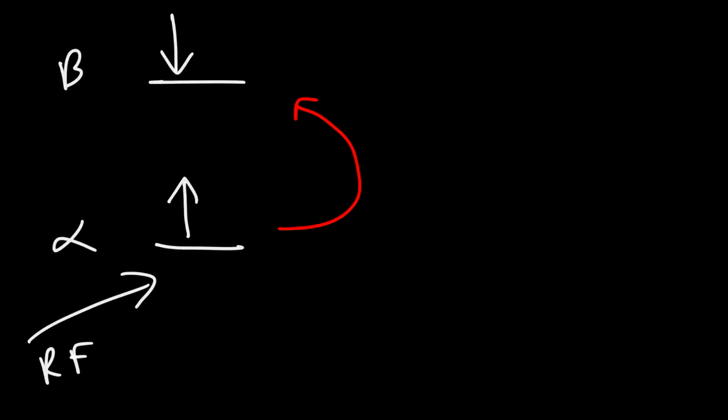Now, if the nuclei falls back from the beta state to the alpha state, it can emit radio frequency energy. But it takes radio frequency energy to promote it from the alpha state to the beta state. And so when it's constantly flipping back and forth, it's in resonance. Thus we have the term nuclear magnetic resonance.